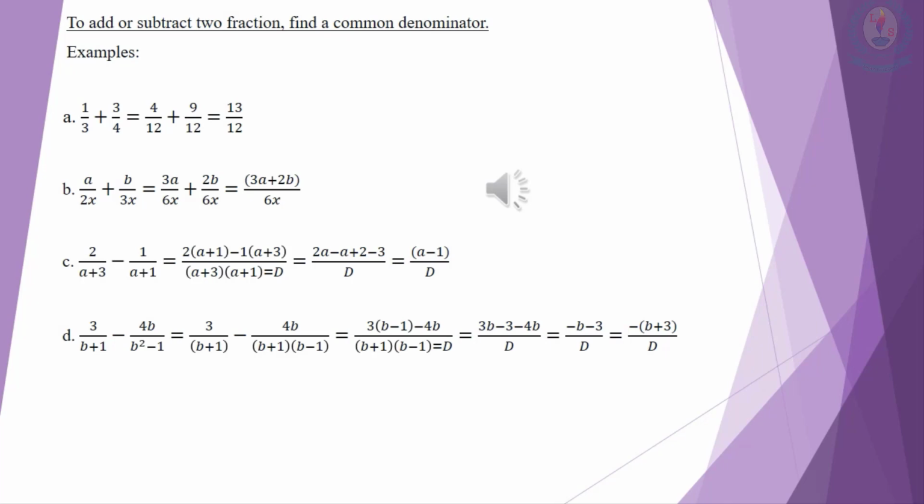That equals 3 times b minus 1 minus 4b. The denominator is b plus 1 into b minus 1, which is equal to 3b minus 3 minus 4b over d, which is equal to minus b minus 3 over d, which is minus brackets b plus 3 divided by d.